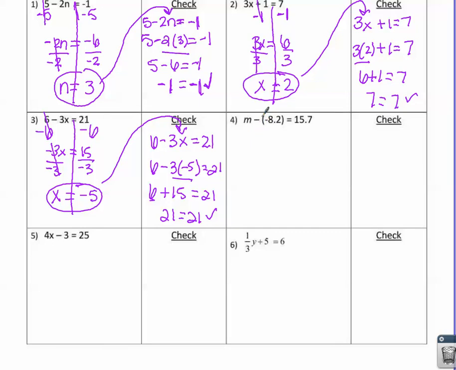Number 4. Remember, minus a negative, you make your big plus sign. So before you do anything, rewrite this as m plus 8.2 equals 15.7. Now you can clearly see I have a plus 8.2, so I'm going to subtract 8.2.